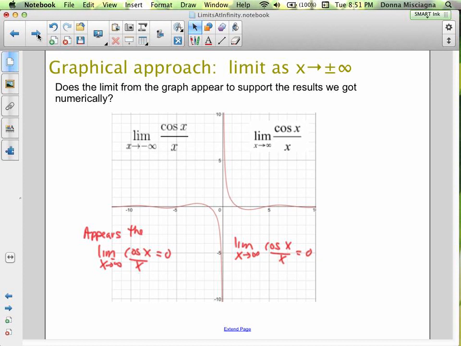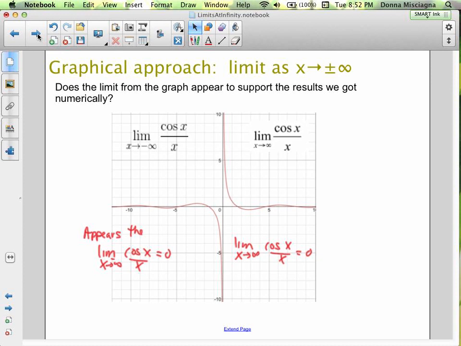So let's take a look at the graphs here and see if the limit from the graph appears to support the results that we got numerically from the table. If we look to the left, the limit of cosine x over x as x approaches negative infinity, notice the line does go above and below the x-axis, but that above and below part is getting smaller and smaller.